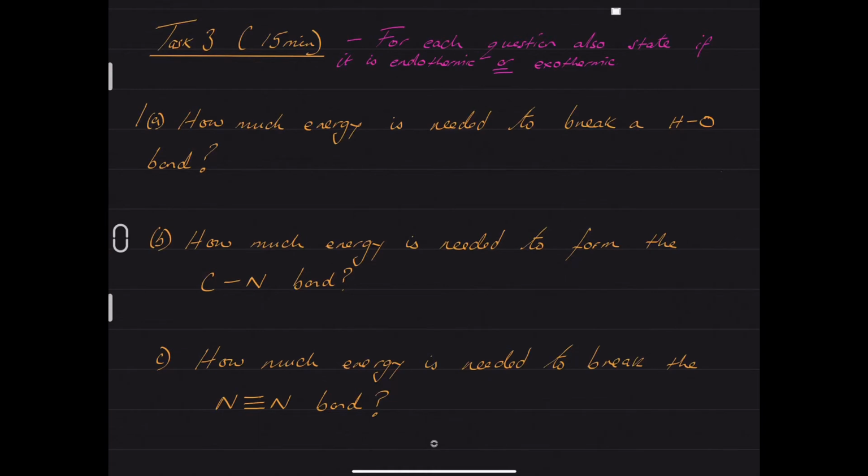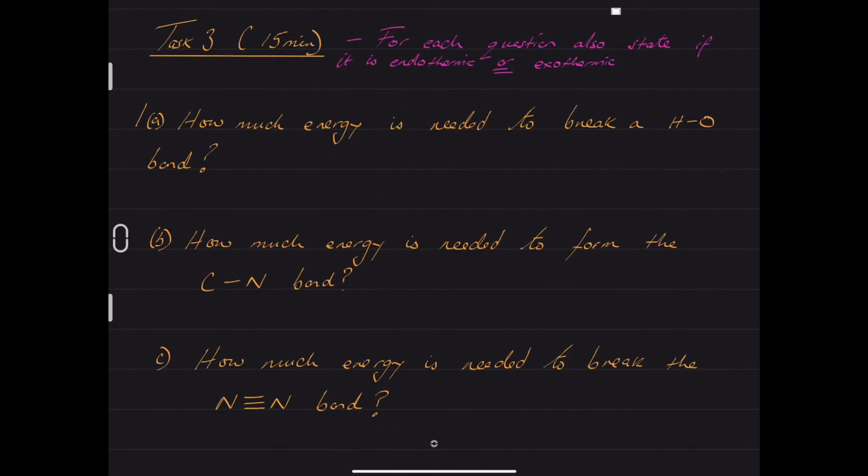Now, we are going to use the values in the common bond energy tables. So in the two tables that were given, you are given common bond energy values. Using those values, you're going to answer these questions here. And I'm going to give you 15 minutes to do this. So for each question also, you need to state if the reaction is endothermic or exothermic.